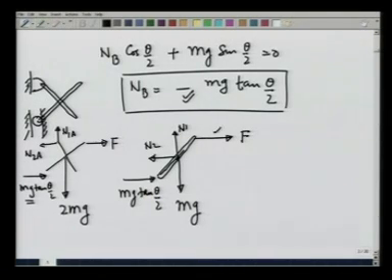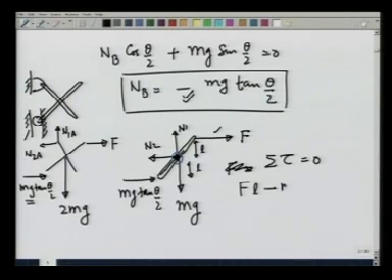If I am just interested in calculating force F, then I can take the torque about this middle point, the pin here. Summation of torque about this point is 0, and therefore F times this length, call it L, minus the same length here, mg tangent theta by 2 times L equals 0, and F equals mg tangent of theta by 2.